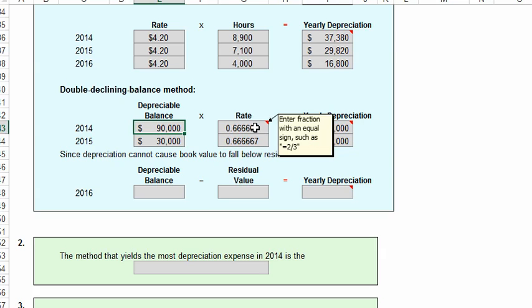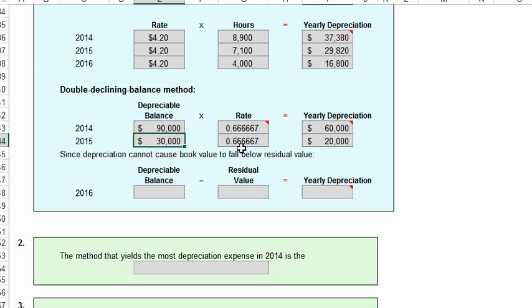What you could do, you guys, you could say 90,000, if you're doing it times the fraction, say 90,000 times 2, the top half of 2/3. 90,000 times 2 is 180, divided by the bottom half of the fraction, or 3. 180 divided by 3 gets you 60,000. Now to get this number, you said your original cost, $90,000, minus last year's depreciation, gets you $30,000.